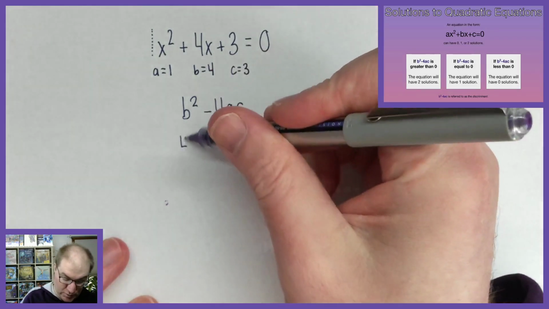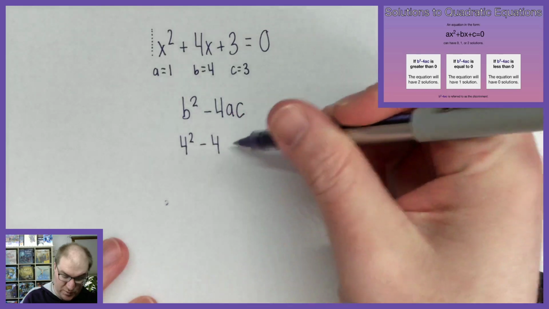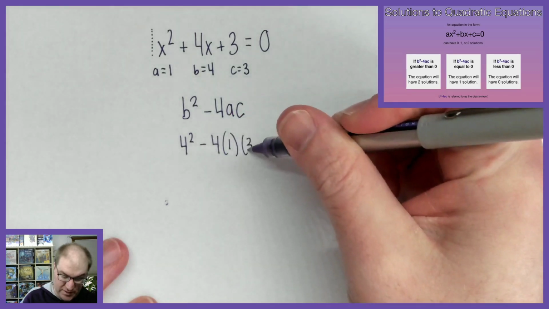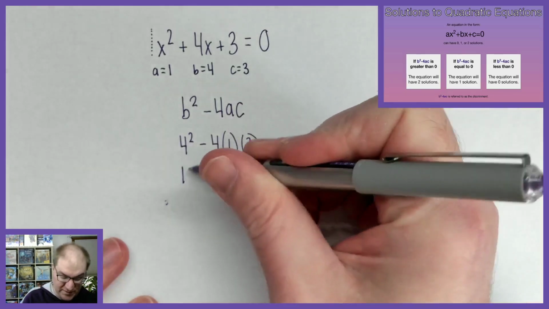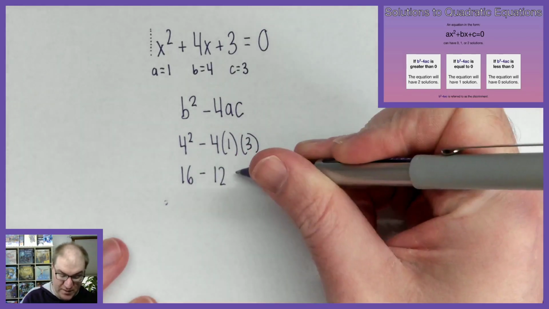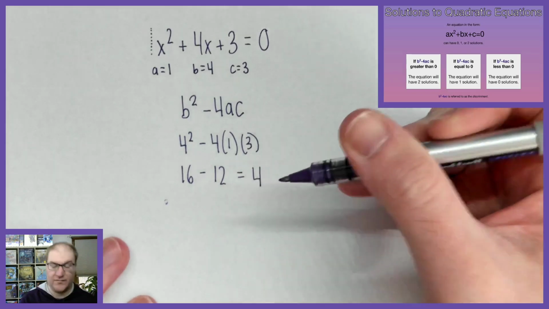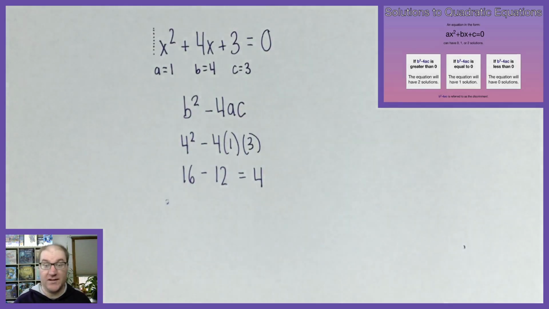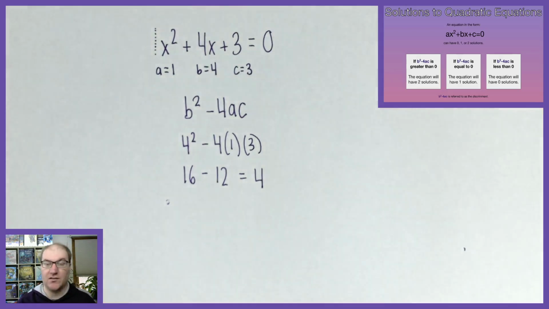So I'm going to put 4 in here, and 1 here, and 3 here. 4 squared is 16. 4 times 1 times 3 is 12. 16 minus 12 is 4. Now 4 is not an answer to this problem. This 4 is going to tell us how many answers it has. And it doesn't have 4 answers.